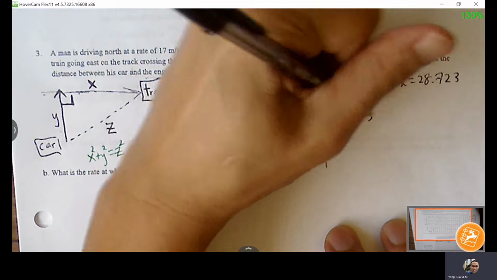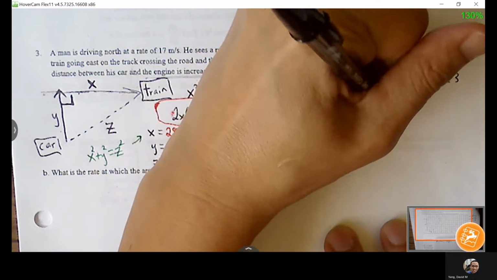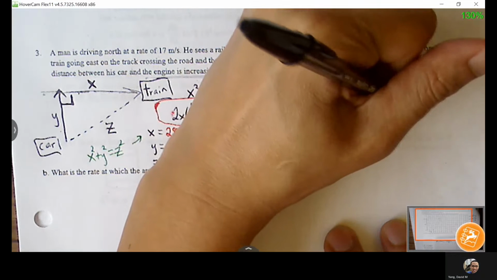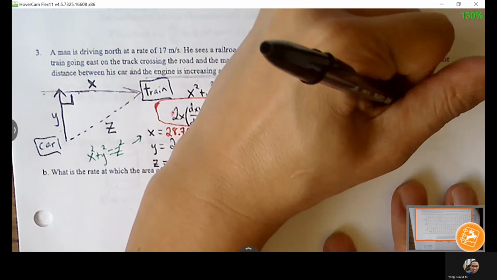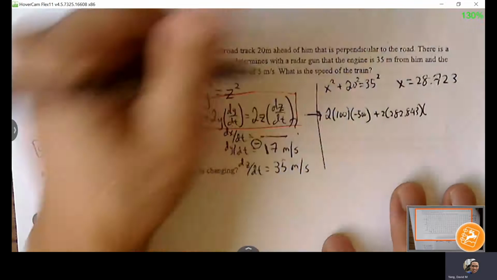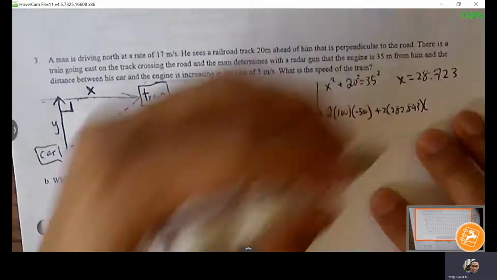Use your calculator. Oh, I'm putting the wrong numbers here.